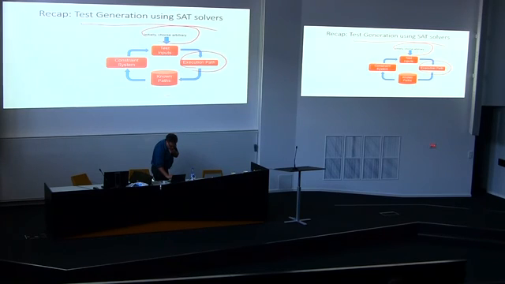So just to recap what you've seen so far: test generation using SAT solvers. Choose an arbitrary input, get an execution path, add it to the set of known paths, then do some negation, or say, give me something new. Ask the constraint solver to solve a variation of the path constraints to find a new input.